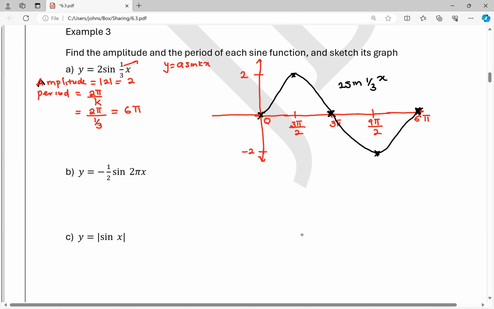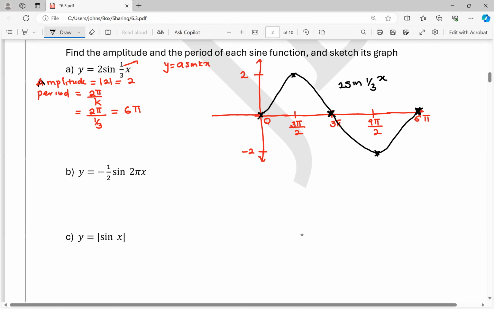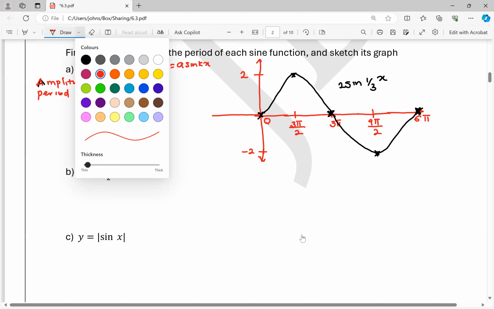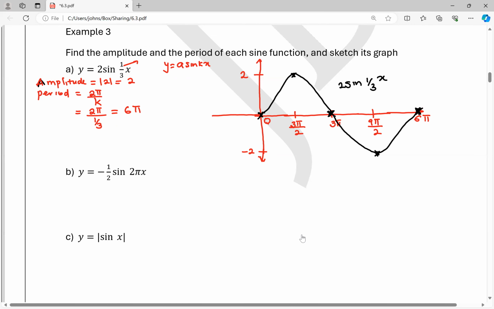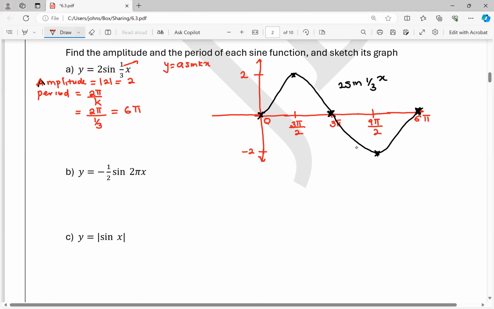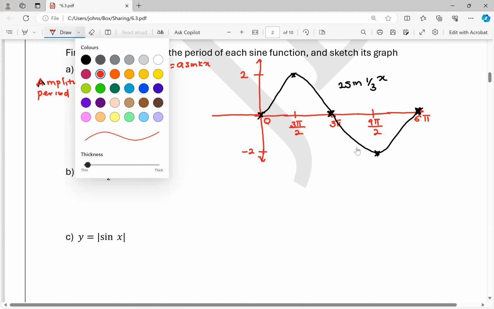The next question is still sine, but now we have a minus, right? So since we have a minus, what do we do? Let's first of all write our amplitude. For B, we will do similarly.